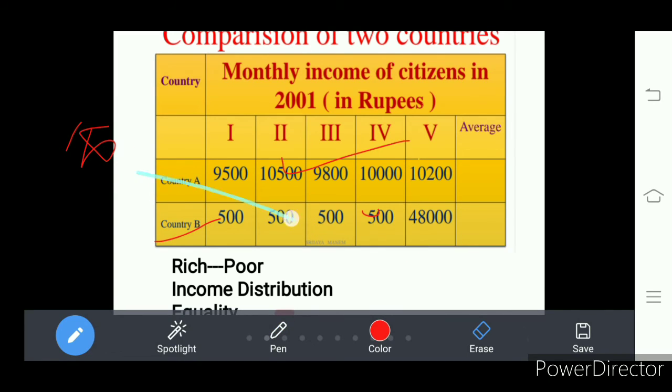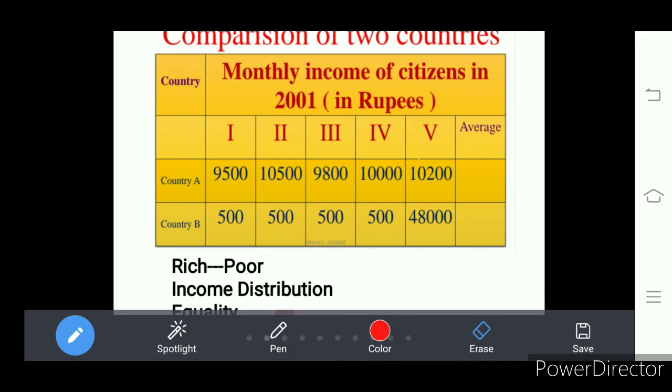If I ask you in which country you would like to be a citizen, then you will answer that you want to be in country A, right? Because there is equality instead.